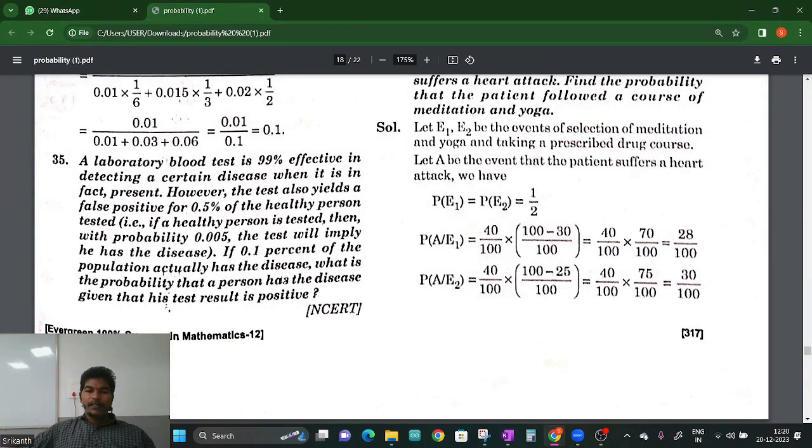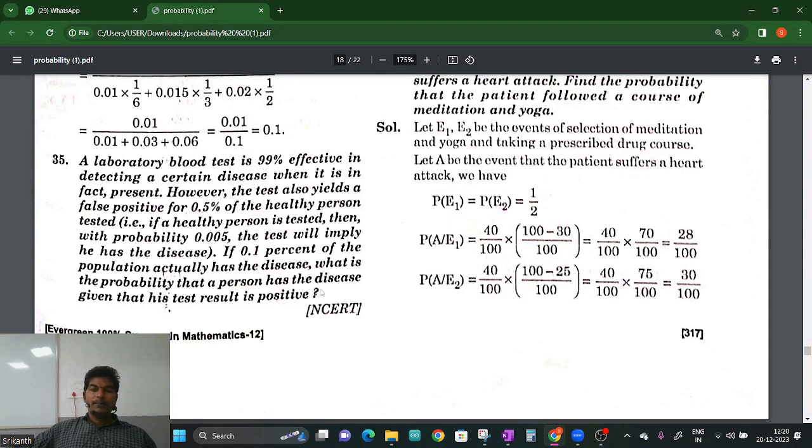0.1% of the population actually has the disease. What is the percentage of the population that has the disease? 0.1%. If a healthy person, that means he is not having any disease, is tested, the test will fail 0.5%. Okay, what is the pass percentage? 99%. Good reports.